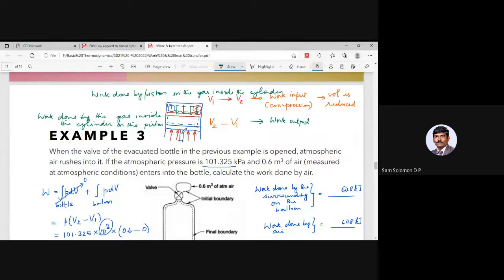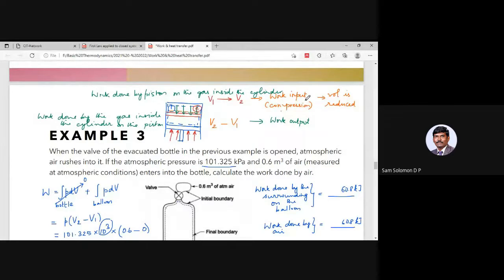If the piston is compressing the gas, we call it work input because it can't compress by itself. Some external force should be given to compress the gas. So where the volume is reduced, that is work input. When the compressed gas is pushes the piston downwards, it is giving its work to us, which is transferred to the wheels. So that is called work output.